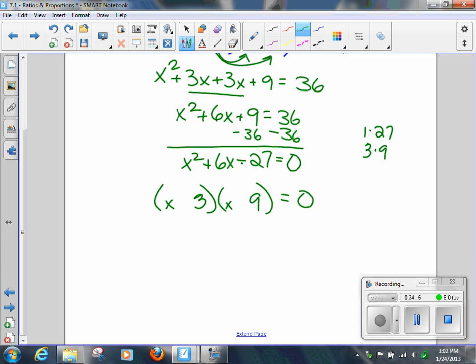Are my signs going to be the same or different? Different. And which of these 2 numbers, 3 or 9, has to be plus? The 9 has to be positive, because what is negative 3 plus 9 equal to? Positive 6. If I put plus 3 minus 9, then that's going to give me negative 6, and that's not what I want.